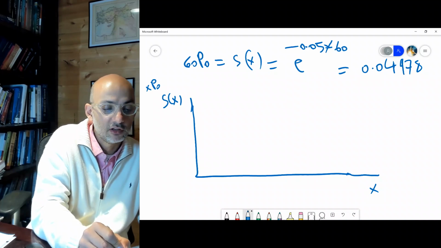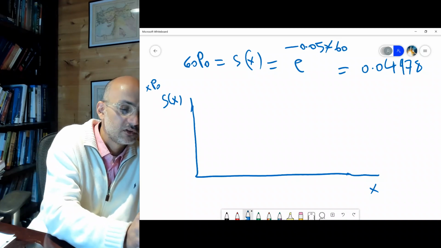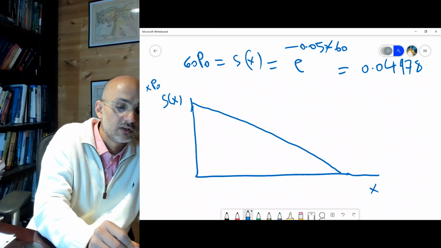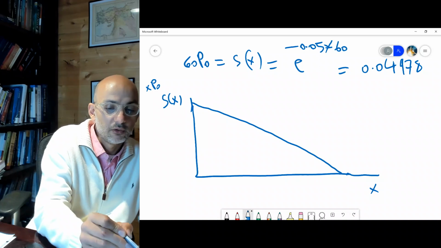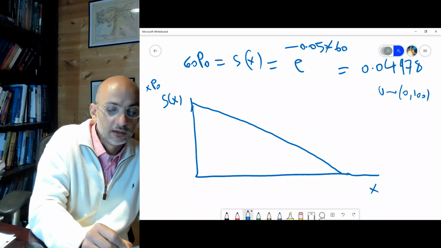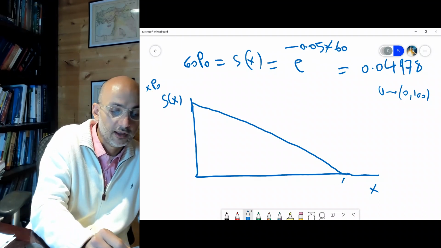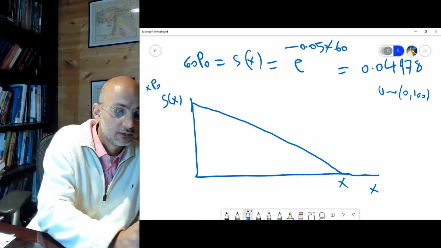If we start with a uniform distribution between 0 and 100, the death occurs at 100, everyone will die.